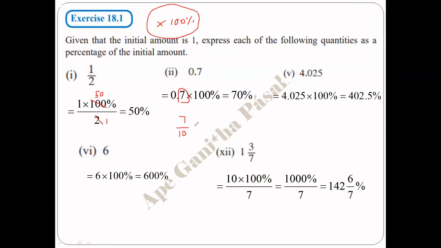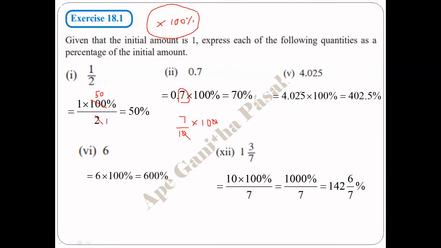That means 10. 7 over 10 into 100%. 7 over 10 into 100. Simplify this 0 with this 0. Then 7 into 10, 70. The answer is 70%.